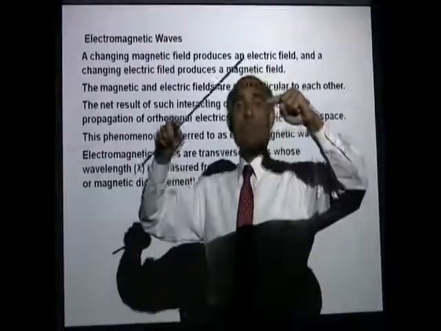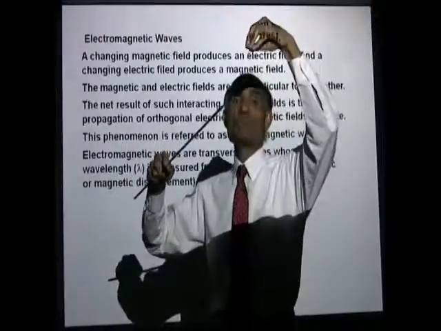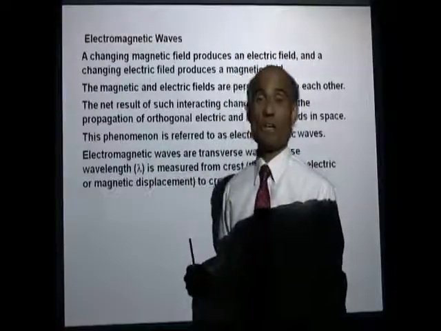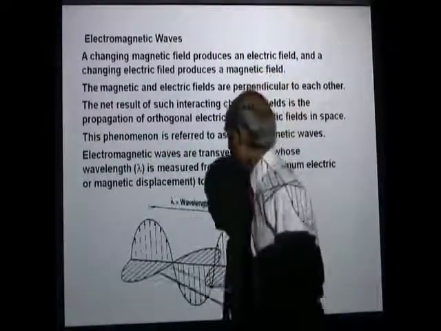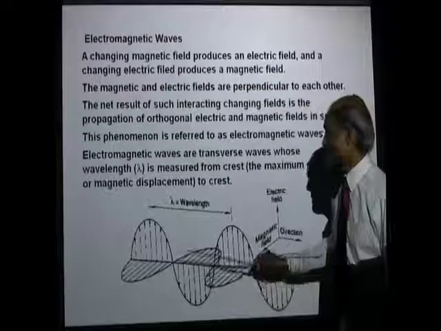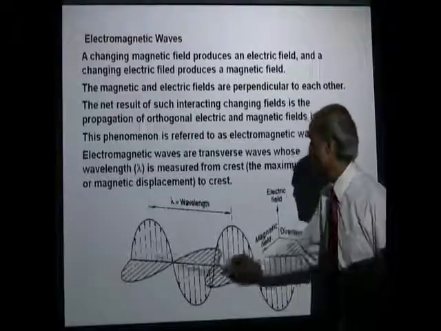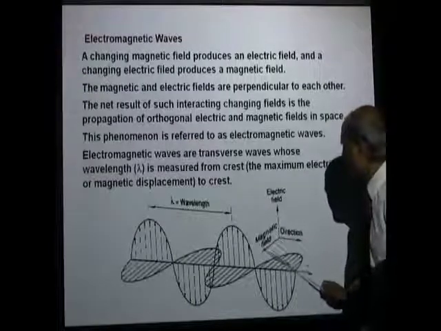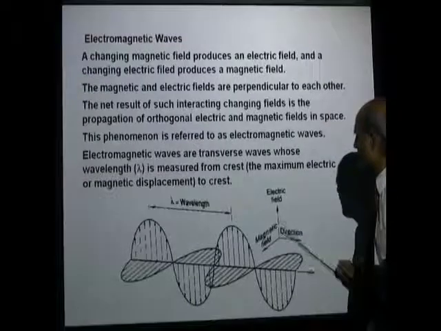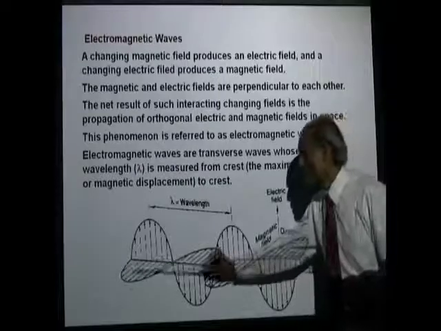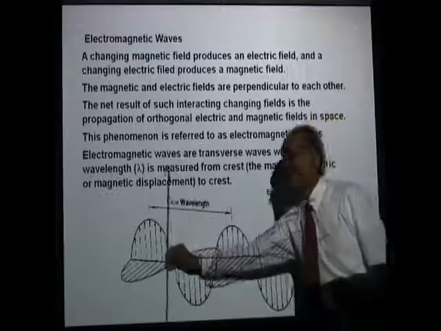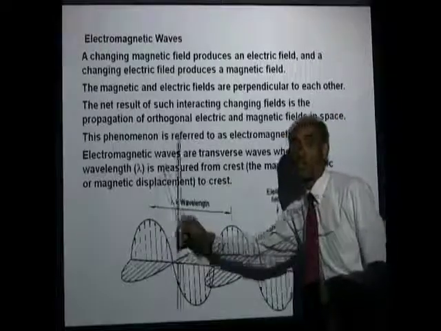So when you talk about the maximum of the wave, it could be the maximum displacement for electric or magnetic fields. Now here I have an illustration of that. If this is the magnetic field, that is the electric field. So the magnetic field is the horizontal vibration and the electric field is the vertical vibration.